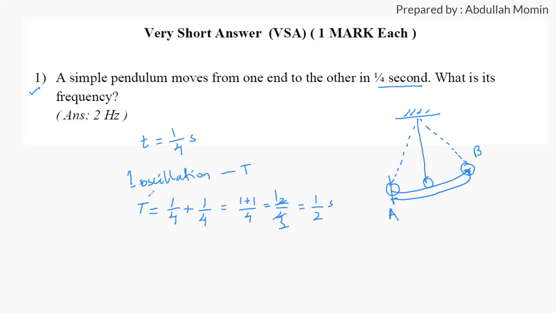So the time taken by the simple pendulum to complete one oscillation is called the time period, which is 1 by 2 seconds. And we all know that frequency is nothing but the reciprocal of time period. So 1 upon 1 by 2, the denominator of the denominator becomes the numerator, so it becomes 2 hertz. So the frequency is 2 hertz.